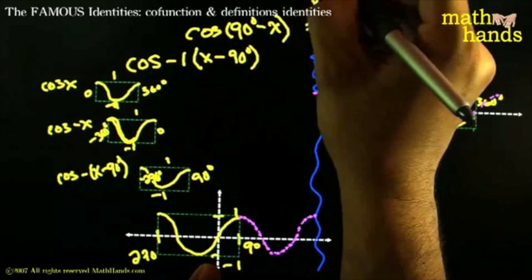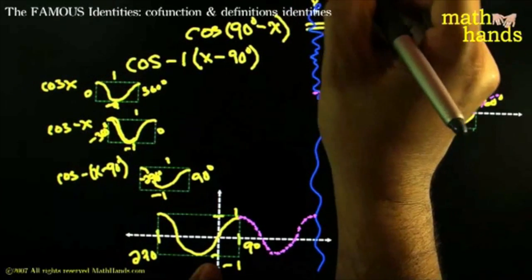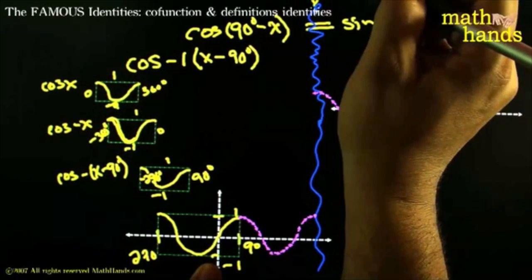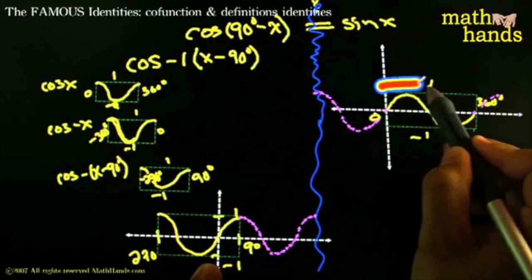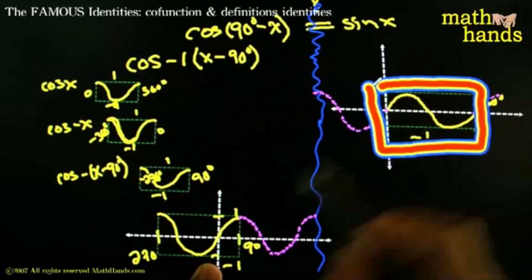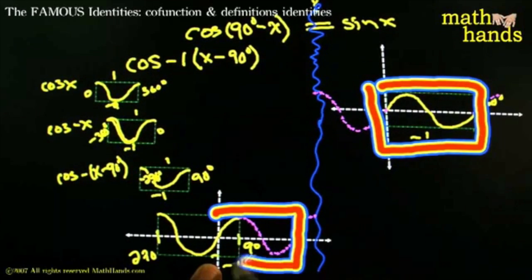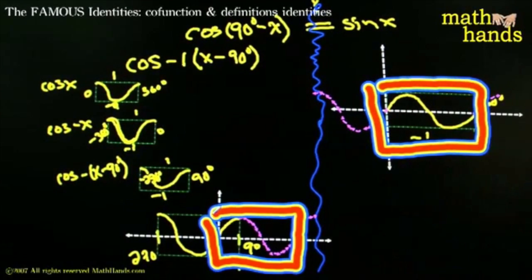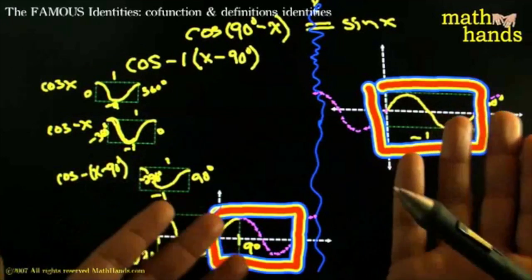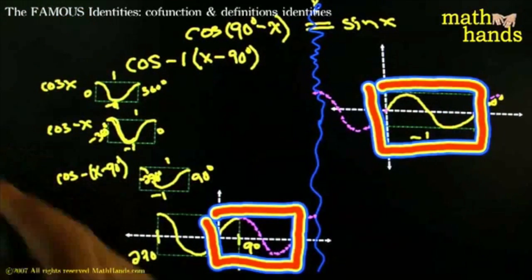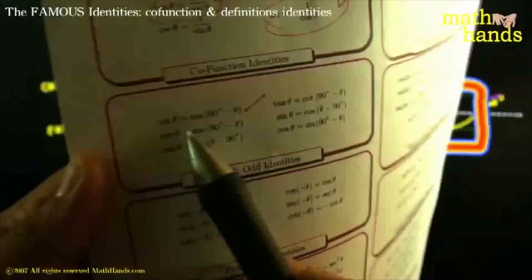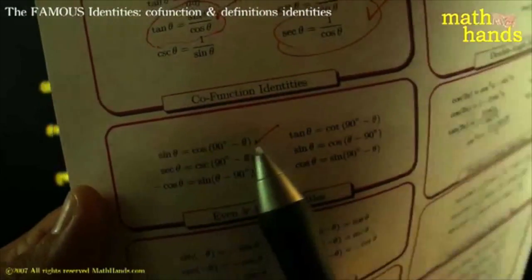Just look at this piece right here. Look at this piece. Does that piece look the same as that piece? And the answer is yes. And so that should be a convincing argument to show using the graphs that sine of theta is equal to cosine of 90 degrees minus theta.